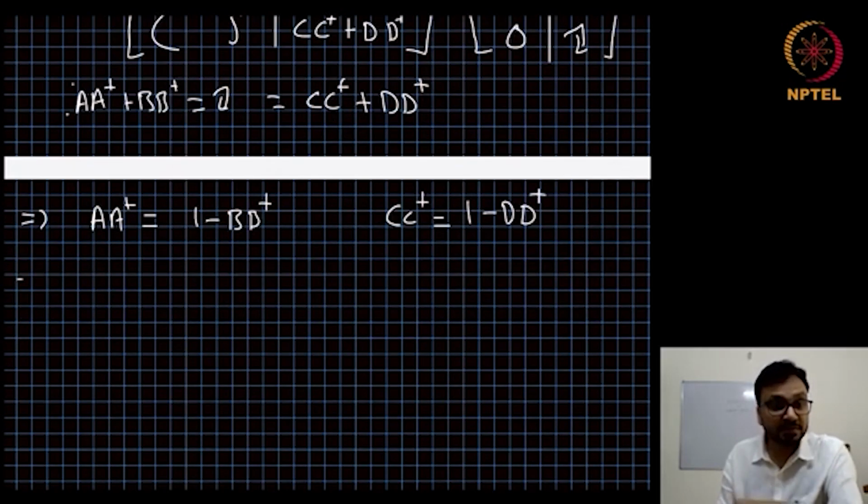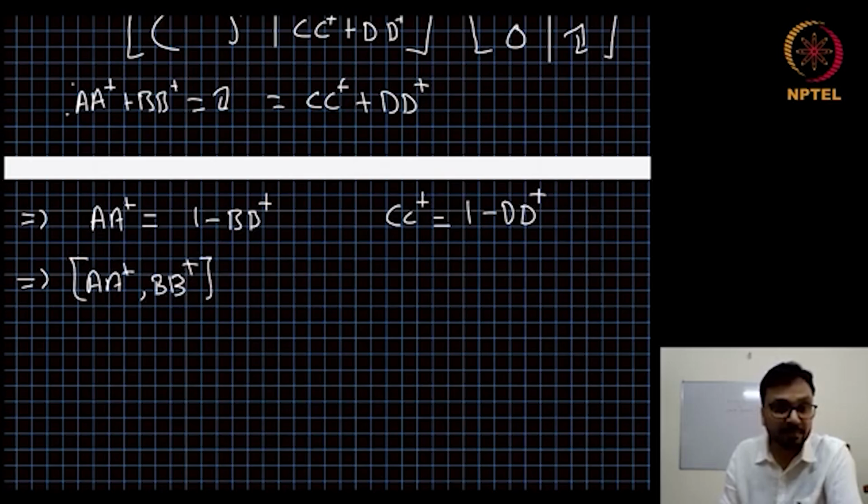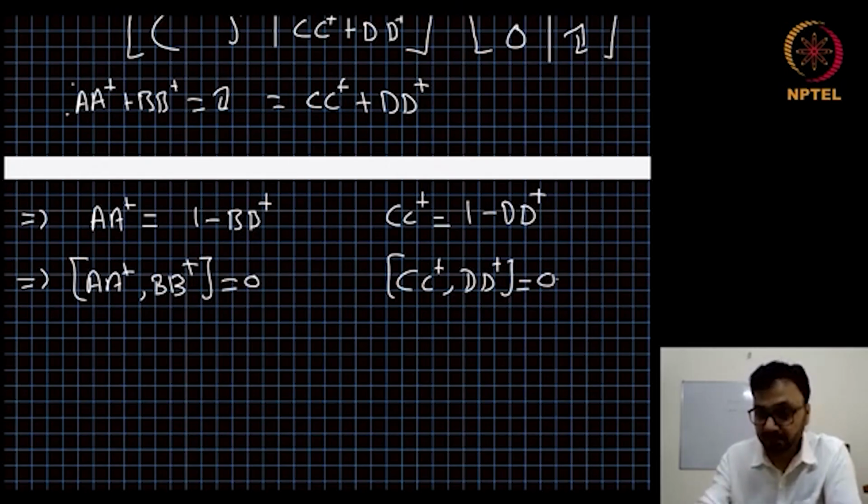So it means A A dagger commutes with B B dagger. Similarly, C C dagger commutes with D D dagger. If two operators commute, then there must be a common unitary which can diagonalize both of them. So it means we have L1 A A dagger L1 dagger.